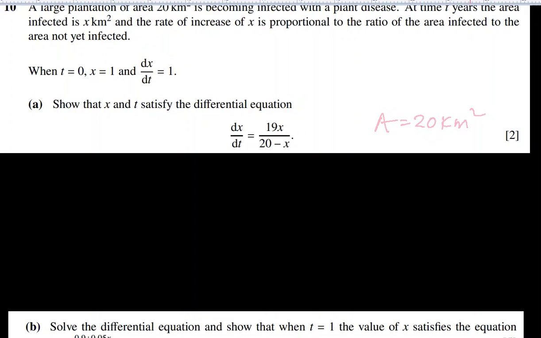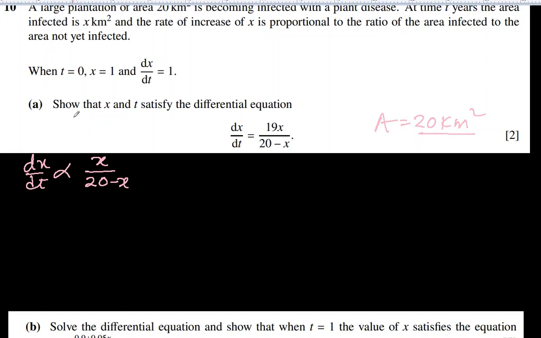At time t years, the area infected is x kilometers squared, and the rate of increase of x, dx over dt, is proportional to the ratio of the area infected, which is x, to the area not yet infected. Ratio means we divide. So the total is 20, so the area not infected in that case will be 20 minus x.